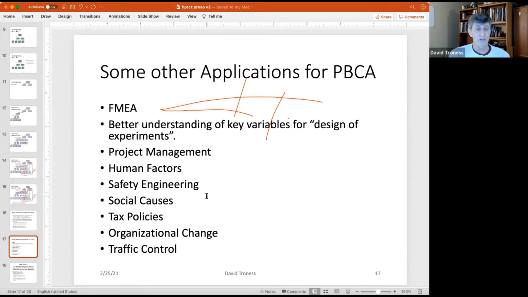I've also contacted our local city council regarding tax policies, specifically sales tax, and how you can use this method to really identify the causes that tell us that in reality we could charge sales tax but not charge sales tax.